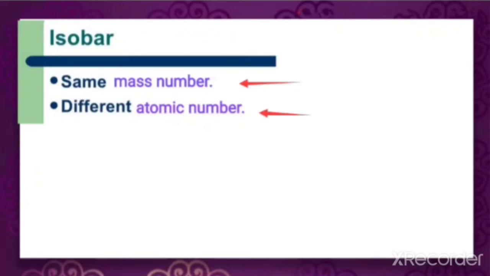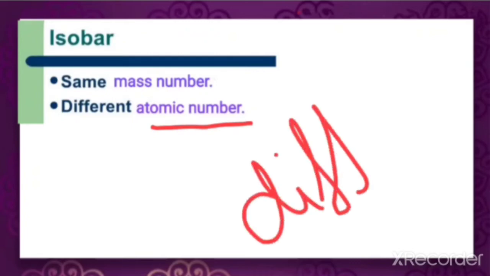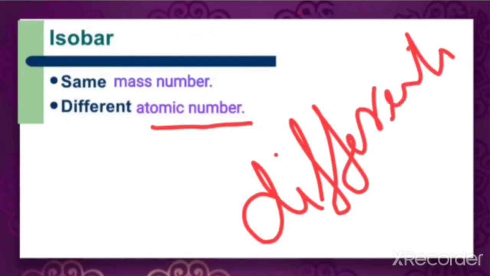But here, the mass number is the same but the atomic number is different. So if the atomic number is different, these must be atoms of different elements. That is important: isobars are atoms of different elements because the atomic number is different.